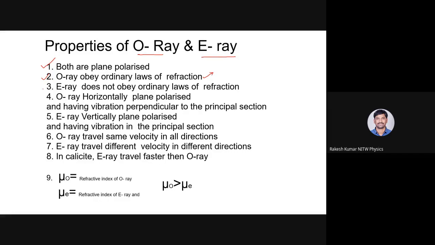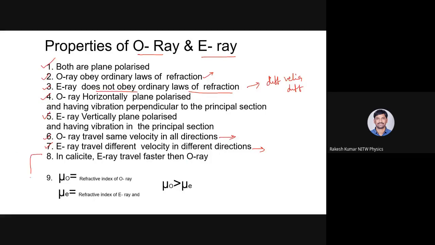Whereas your extraordinary ray does not obey the ordinary laws of refraction, because it travels with different velocity in different directions. Your ordinary travels with the same velocity in all directions, your extraordinary travels with different velocity in different directions.